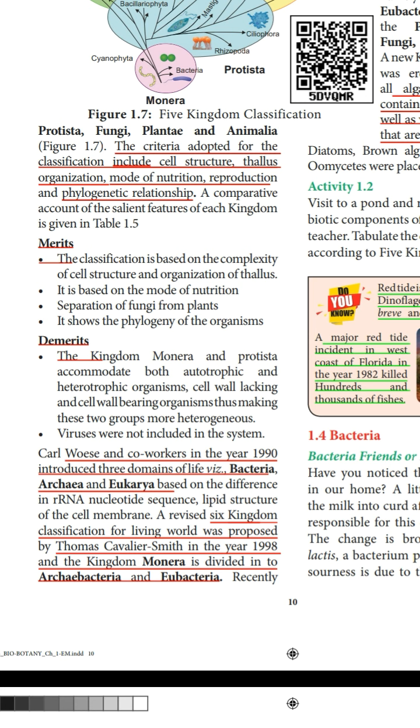From that, Thomas Cavalier-Smith classified the 5 kingdoms further into 6 kingdoms. He divided the kingdom Monera into 2 kingdoms, Archaebacteria and Eubacteria.